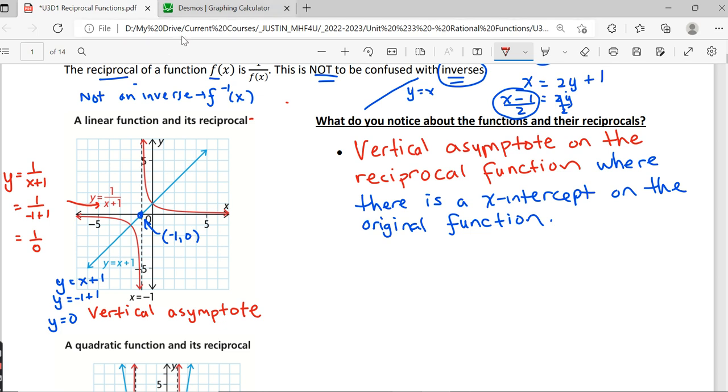Which is why our reciprocal function, our red graph here, will never touch that vertical asymptote, because what happens at negative 1 is you end up dividing by 0. You can never divide by 0, which is why we have a vertical asymptote. Okay, so this will always hold true: a vertical asymptote on the reciprocal function where there's an x-intercept on the original.